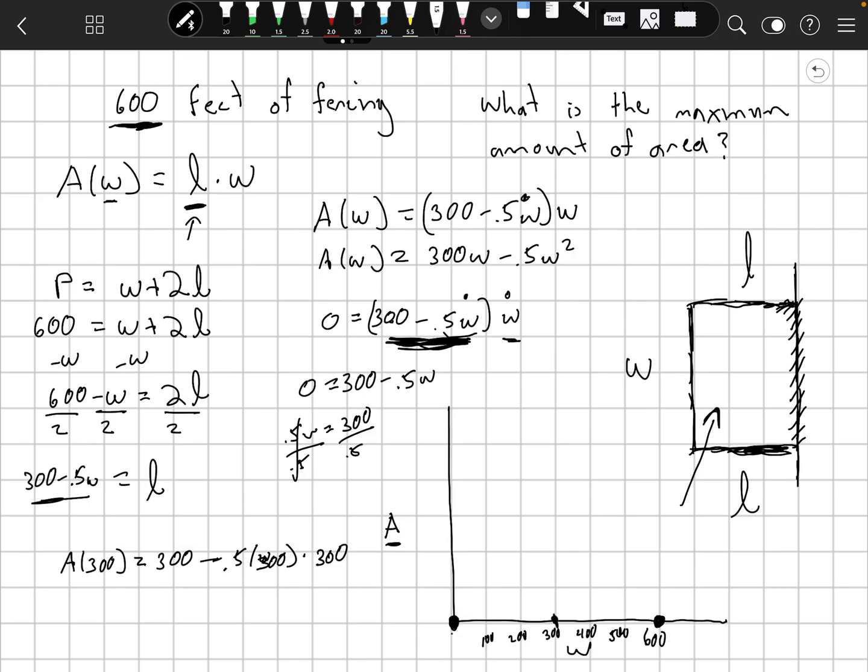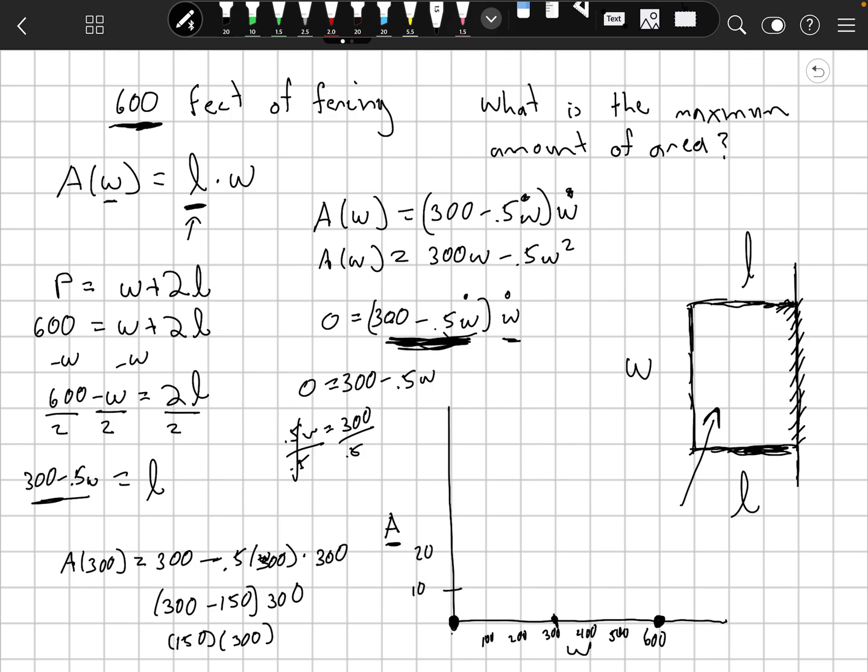So I just plugged in 300 there and there. And if we simplify this, half of 300 is 150. So 300 minus 150 times 300. And that's 150 times 300, which happens to be 45,000. Okay, so at 300, we're at 45,000.